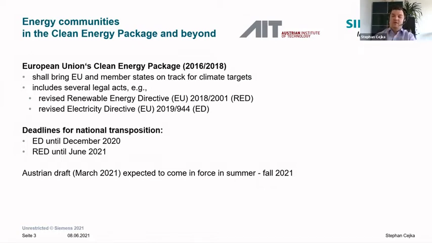Nevertheless, only very few European Union member states have already introduced energy communities and these directives to the full extent. For example, the Austrian draft of March 2021 is not yet decided and is now expected to come into force in summer or in fall of this year.